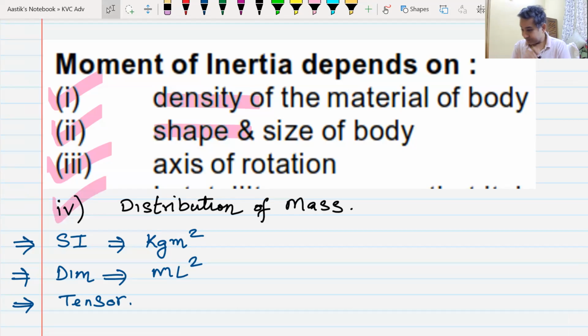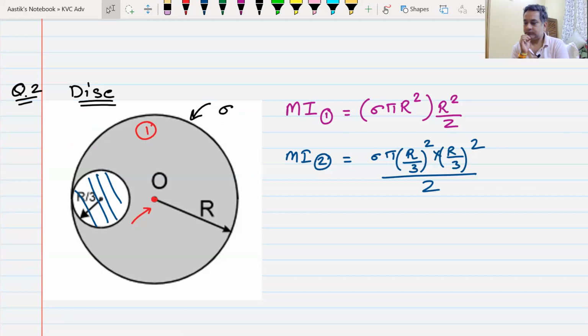What is point number 3? Axis of rotation. About which axis is this moment of inertia?